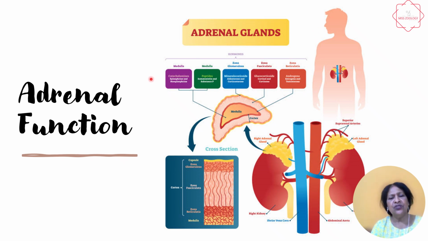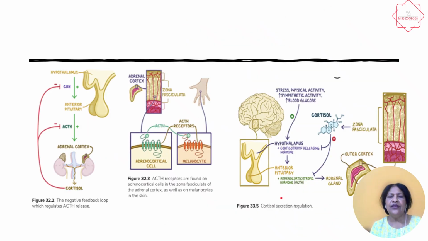You are also seeing on the top the functions of the different layers of cortex along with that of the medulla being shown here. When the cells of the adrenal cortex are either secreting more than normal or below the required normal level, then the feedback mechanism starts operating.